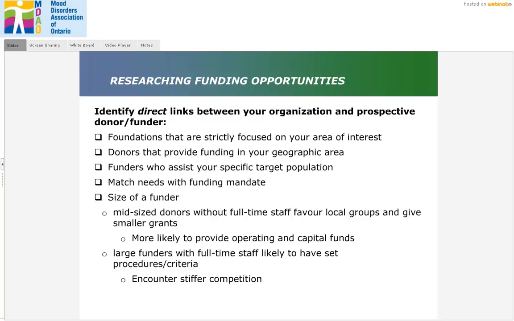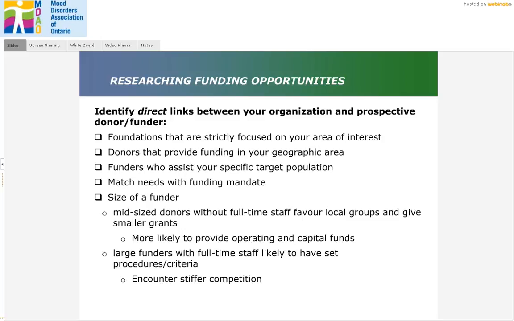Additionally, some other things to consider is the size of a funder. Mid-size donors without full-time staff usually favor local groups and give smaller grants. This can be as small as $2,000, for instance, to say $10,000.